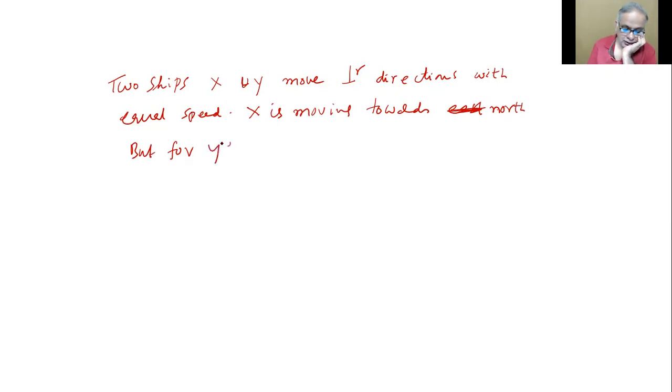But for Y, X is appearing to move. See, when I said appearing to move, don't think it is wrong. It's correct only. Appearing to move towards... X is moving towards north, I told you, right? Towards northeast.